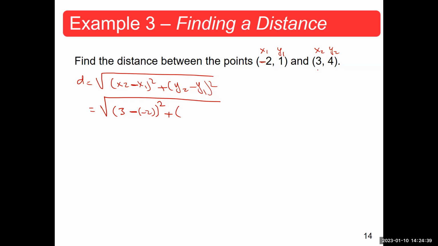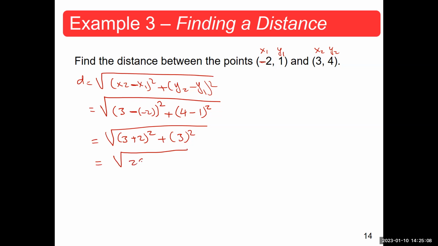So y2 is 4 minus 1, squared. So this is the square root of 3 plus 2, because negative is positive, squared, plus 4 take away 1 is 3 squared, equal to 5 squared, which is 25, plus 9.